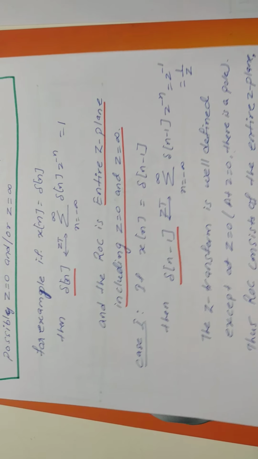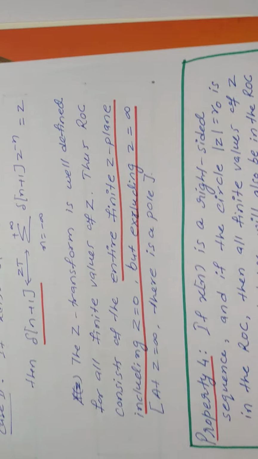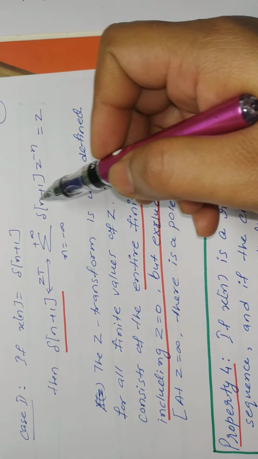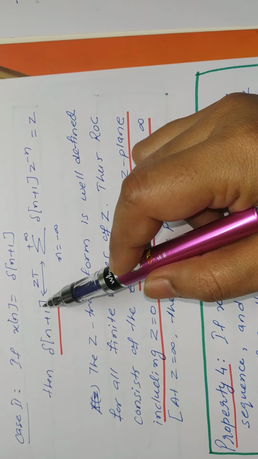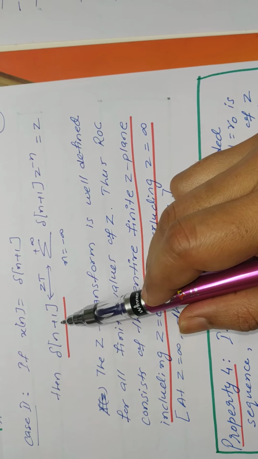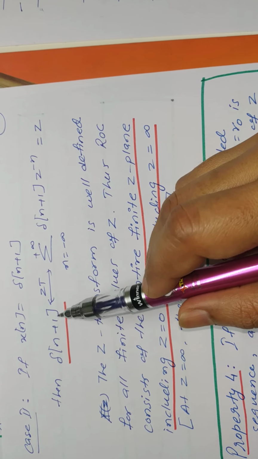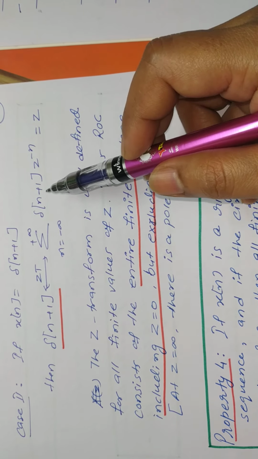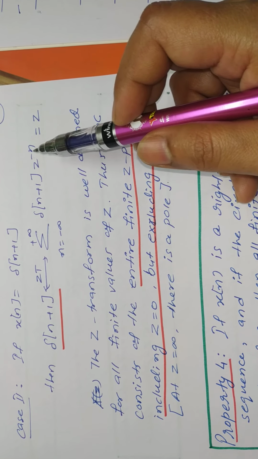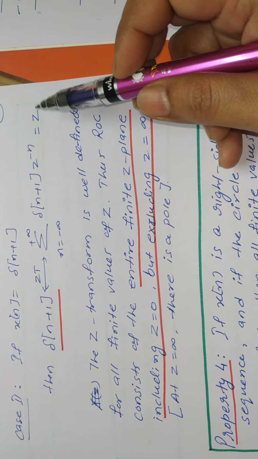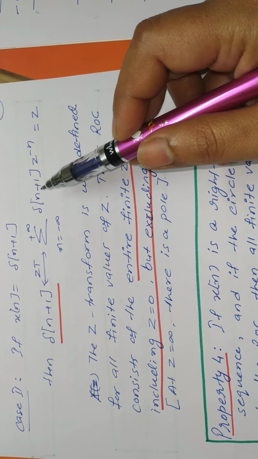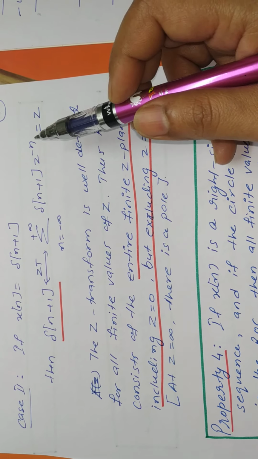Now the second case that we'll be studying is, suppose x[n] is delta[n plus 1]. Now we are shifting our delta to the left. Taking the z transform of it, it will be the summation over n from minus infinity to infinity of delta[n plus 1] z to the power minus n. Now this is just z, after applying the formula, because this exists only at n equals minus 1.